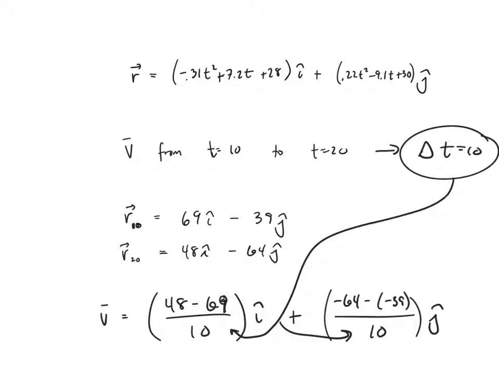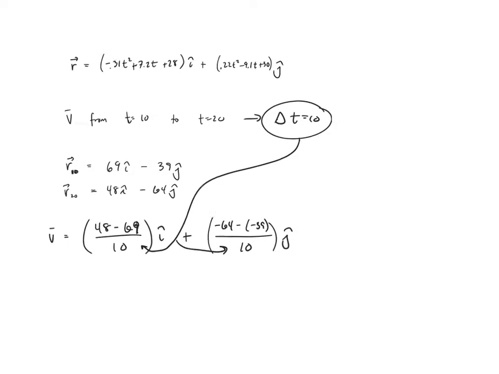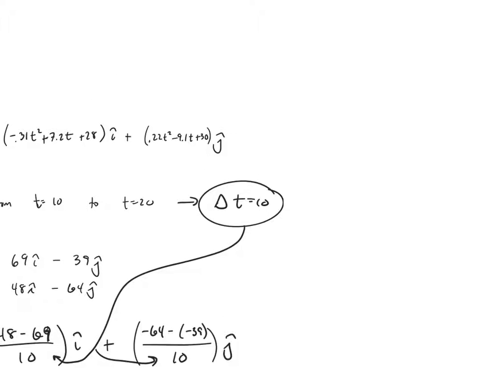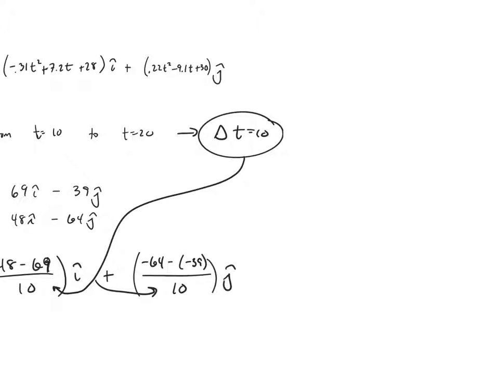All right. Now, if we did not want the average velocity, but we wanted to know the instantaneous velocity at a given moment. Still on the screen, good. At a given moment. So let's want the velocity vector at 17 seconds.